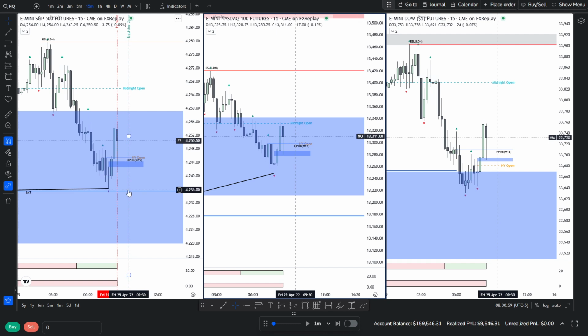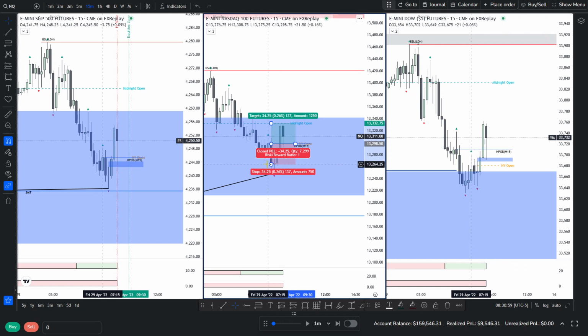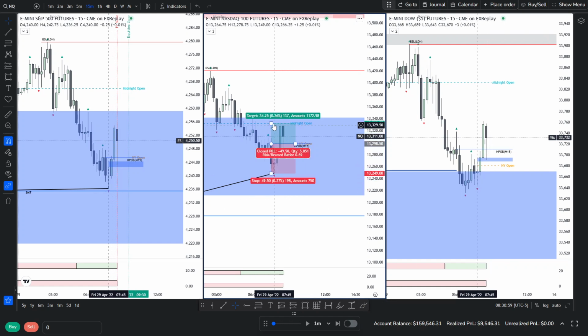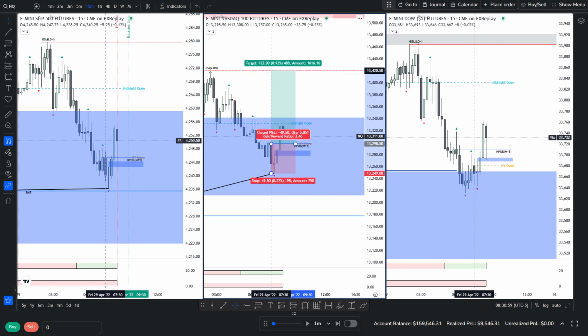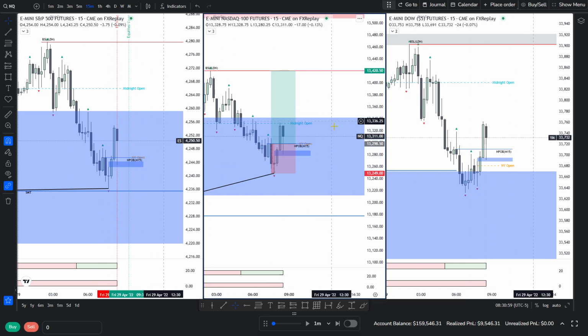Now, again, preference would have been engaging a cracking correlation between ES and NQ, but we're going to accept the risk, reduce risk. I feel it's warranted, and we're going to target a London high, right?